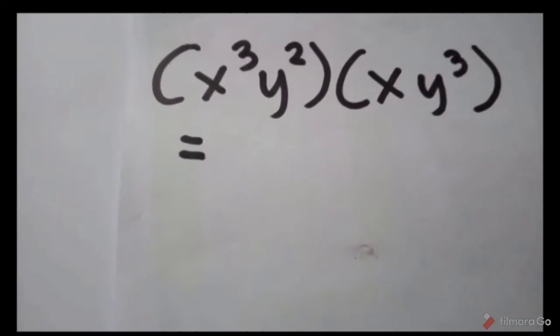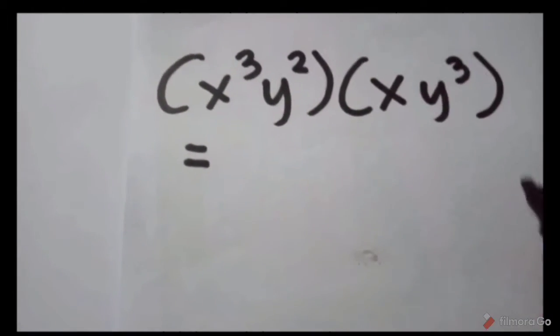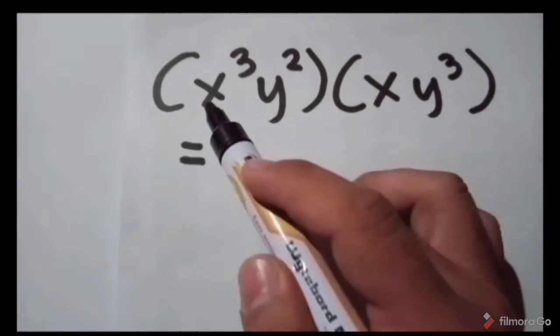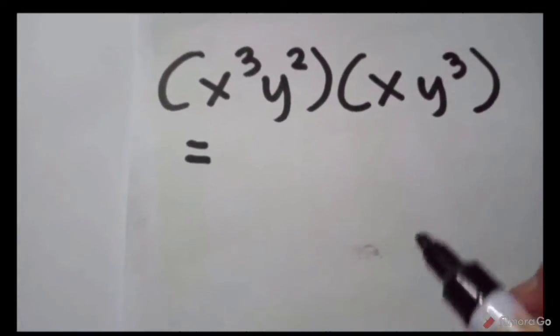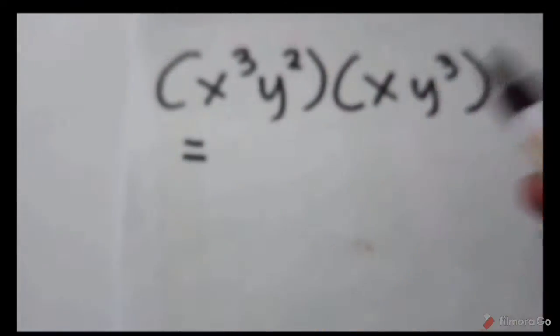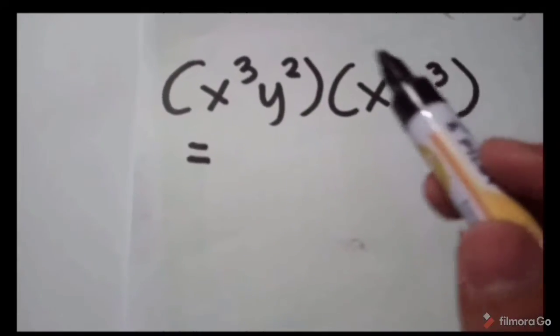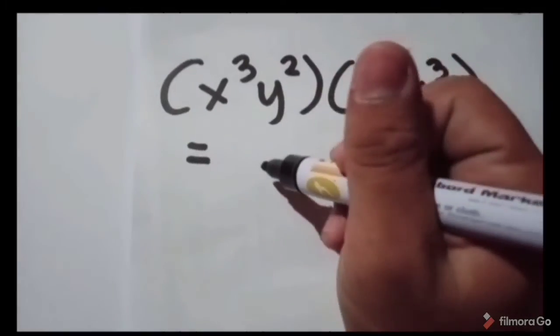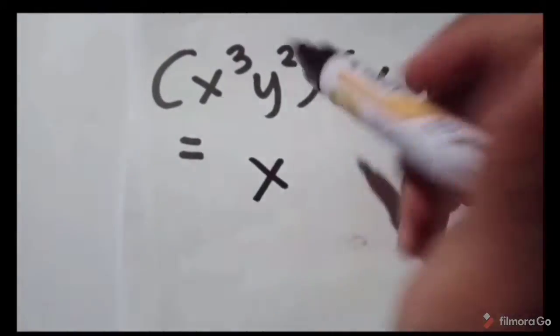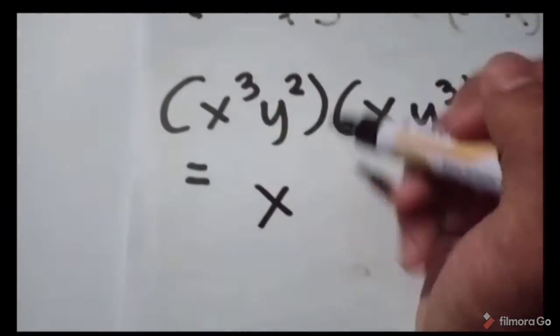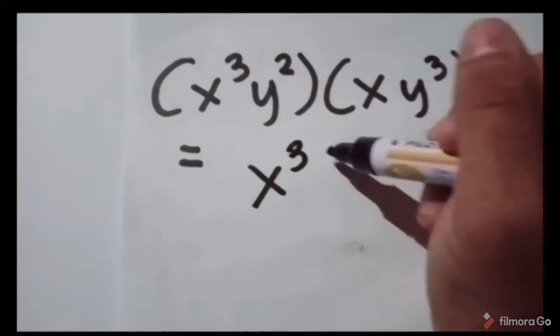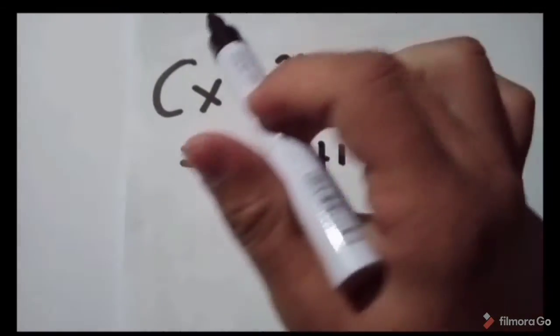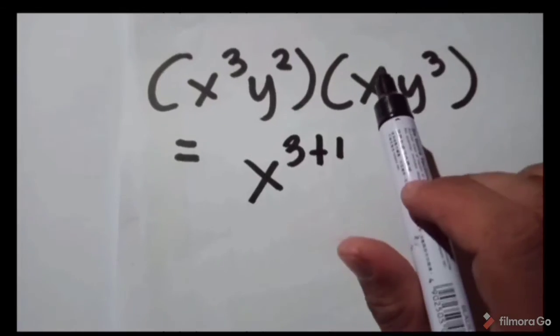Okay, let's use the product property rule of exponents on this equation. Note that only same bases can be multiplied. On multiplying bases in the exponential expression, we just need to add the exponents of both. First is the x. Let's just add 3 plus 1, which is 3 and 1.